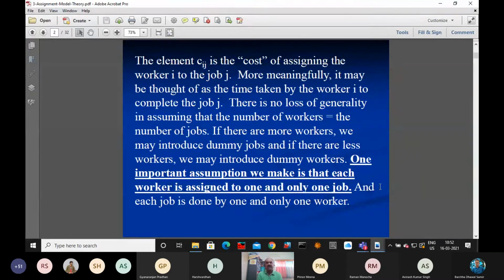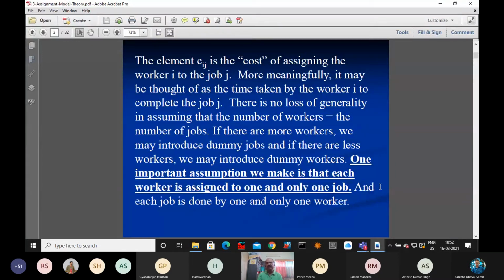One important assumption we make is that each worker is assigned to one and only one job, and each job is done by one and only one worker. So only one job can be assigned to one worker, and similarly one worker will do only one job at a time, not more than one.